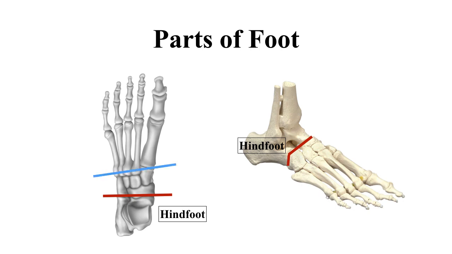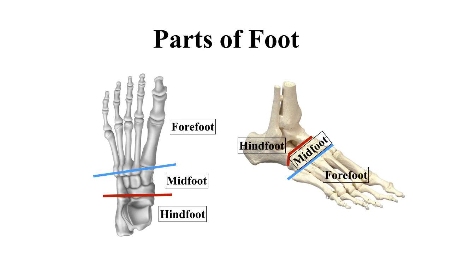The second line is drawn at the junction of all the five metatarsals and the remaining tarsal bones. In the lateral view, these are the five metatarsals and these are the remaining tarsal bones, that is the cuboid and the three cuneiforms. The part of the foot which lies between these two lines is called the midfoot.